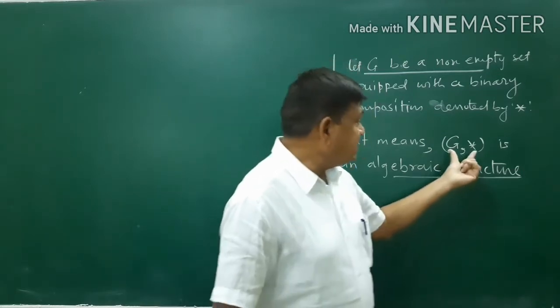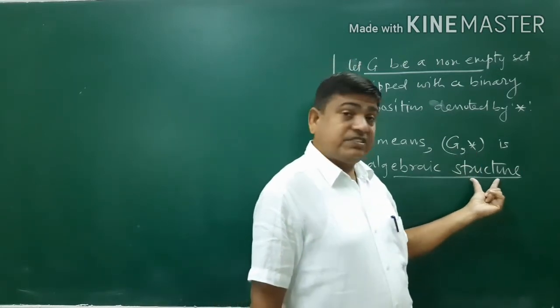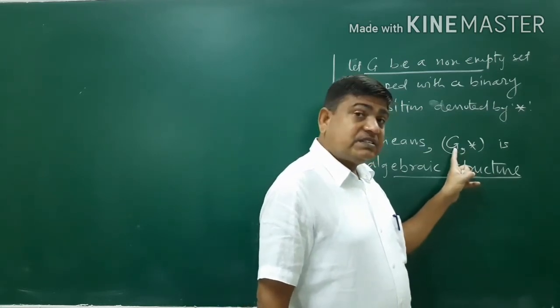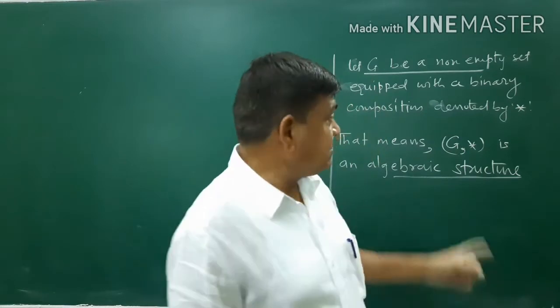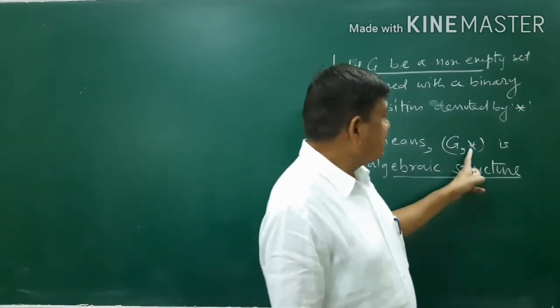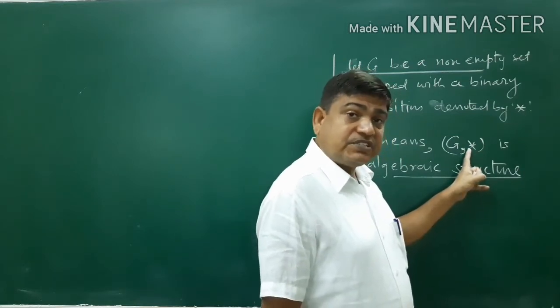Remember, if I write this is an algebraic structure, it means G is a non-empty set equipped with a single binary composition.